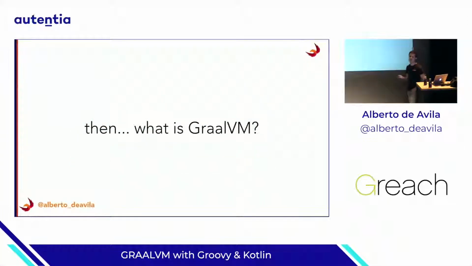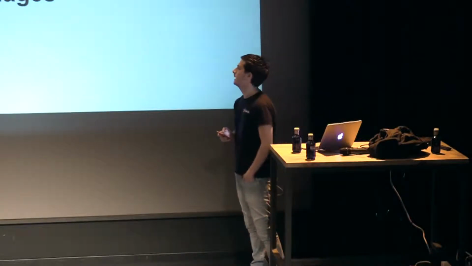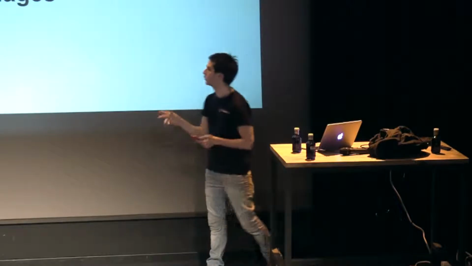So once we have seen what Graal is, let's see what GraalVM is. GraalVM is an ecosystem and a shared runtime offering performance advantages to multiple languages. Let's explain a little about each bold word. It's an ecosystem because with GraalVM we can execute a whole application in different languages.